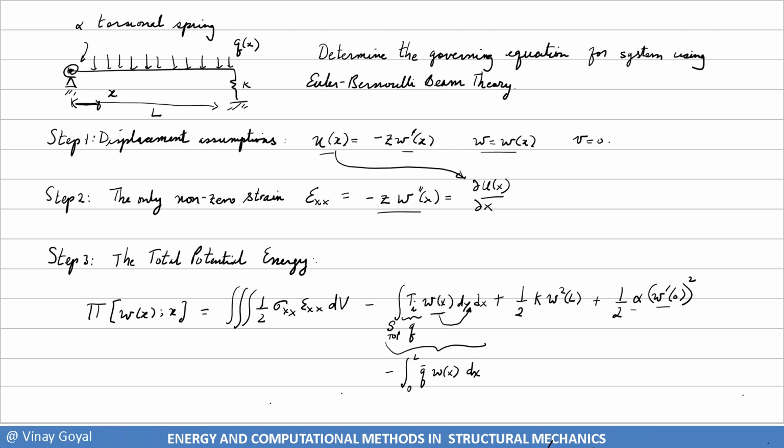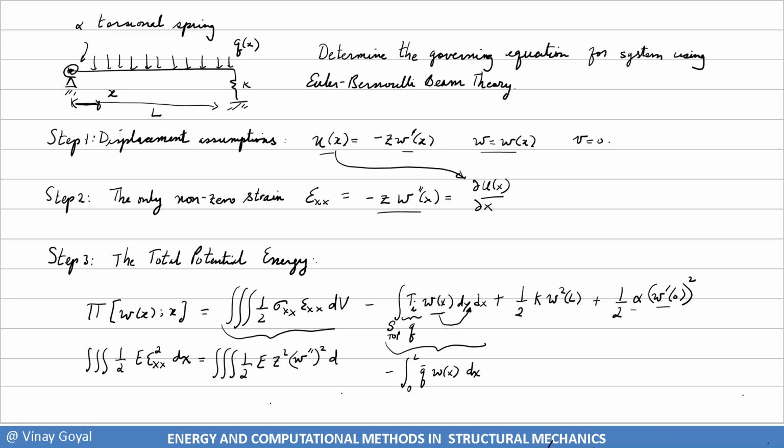And then this one here is easy. Triple integral of 1/2 E epsilon xx squared dV, and I have z squared w double prime squared.